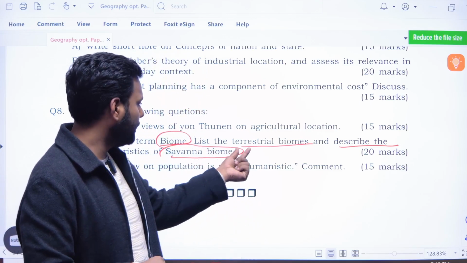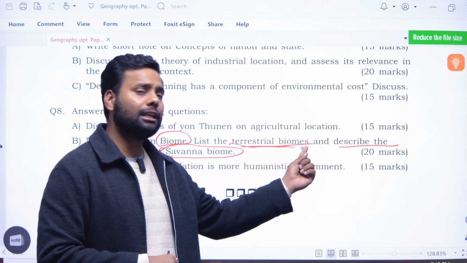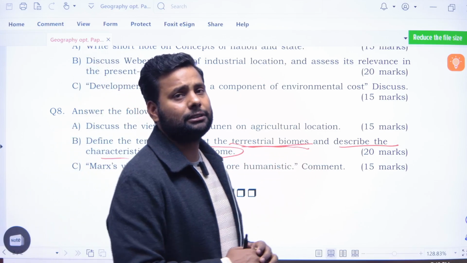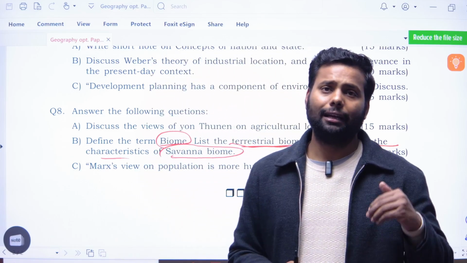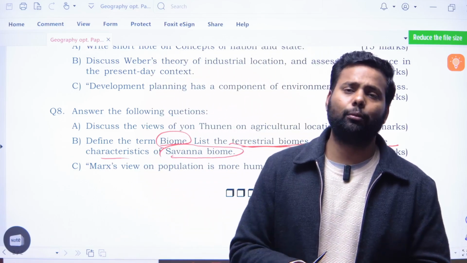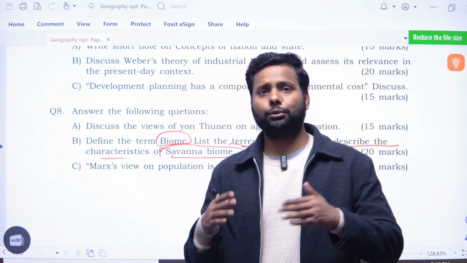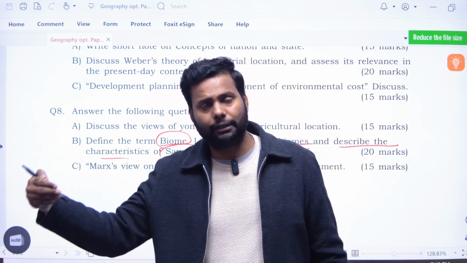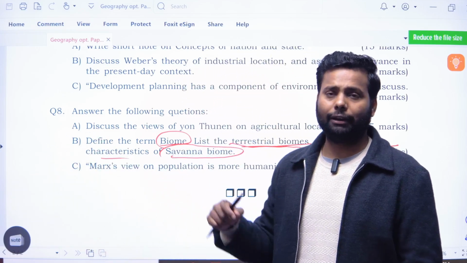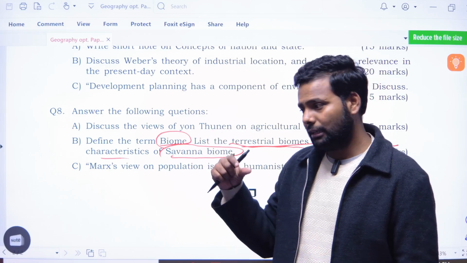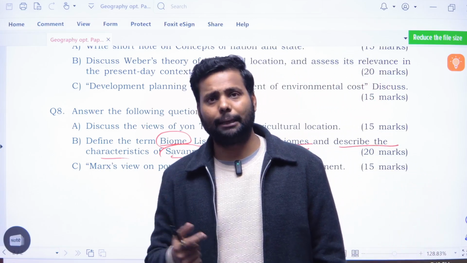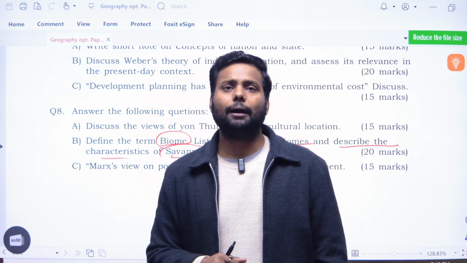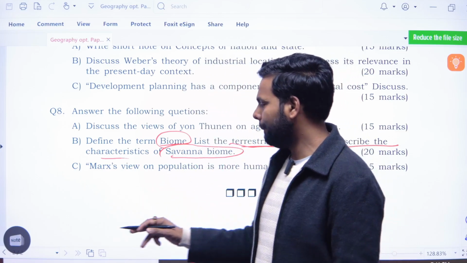In this question you have to discuss terrestrial biomes. Terrestrial biomes means the savanna, prairies, all types of biome from the equatorial rainforest to the monsoonal type of climate, savanna or Sudan type of climate, desert type of climate, China type of climate, prairies type of climate, British type of climate, Mediterranean type of climate. You have to just mention these.